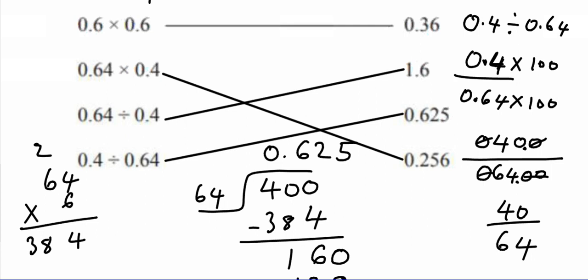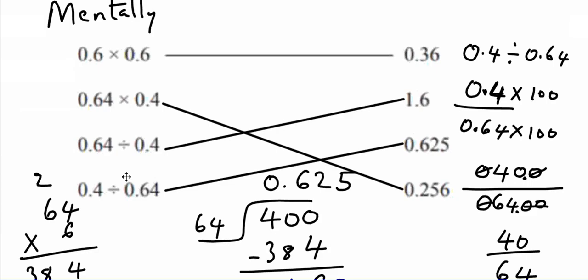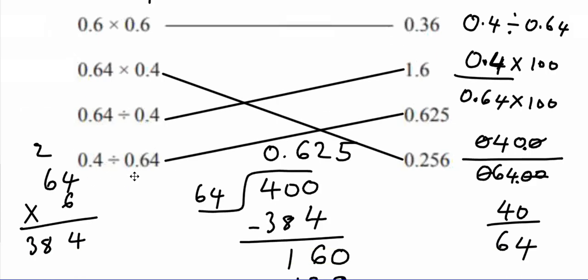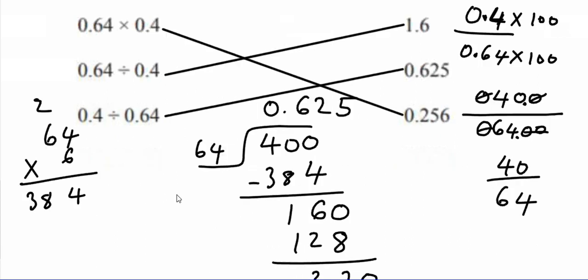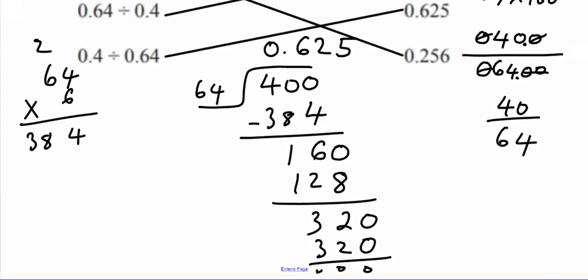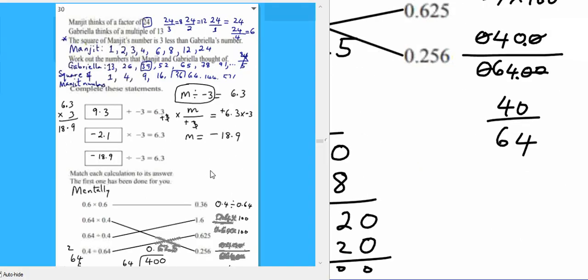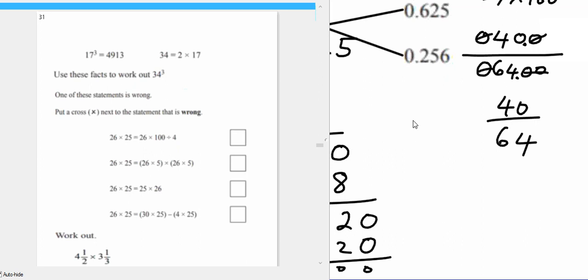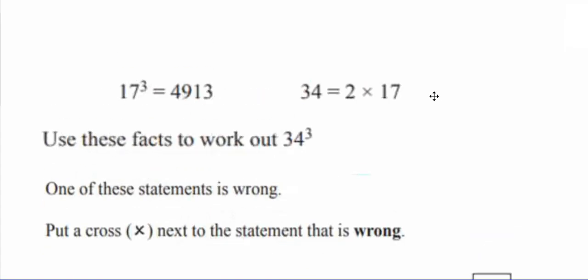Or to save time, because we had one calculation left on the left hand side and one number left on the right hand side, we can match them exactly because that is the only choice remaining. Okay, all right, I think that helps. Then let us go to the next page. Yes, the next page is over here.